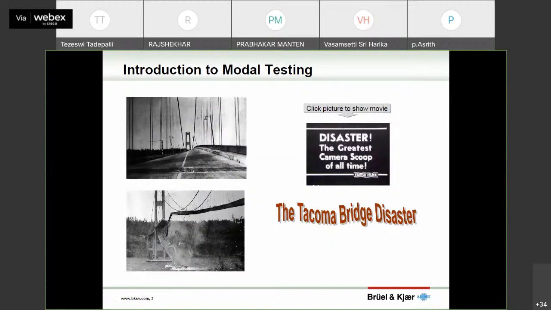One of the most classical pictures is the Tacoma Bridge disaster, where the bridge went into resonance and broke. This is one of the most classical studies of the effect of resonance on civil structures, and therefore is studied everywhere. Many of you would have seen this video. If not, I will share the video separately. Today, a lot of this has changed.